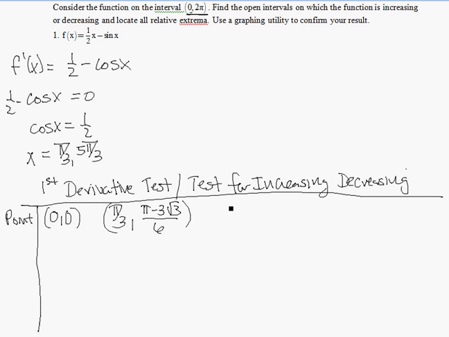And then 5 pi over 3 is going to be 5 pi plus 3 radical 3 over 6. And then at the end is 2 pi comma 0.